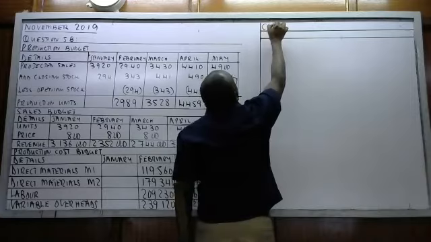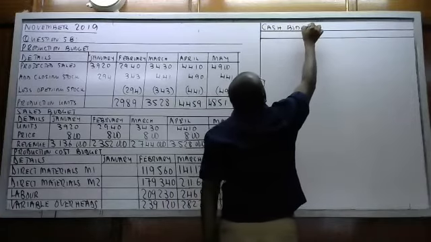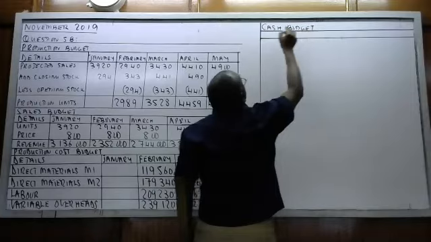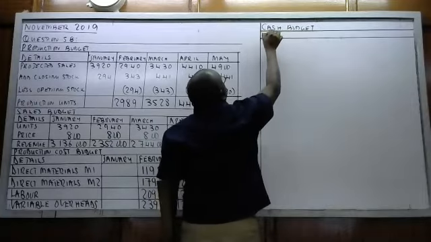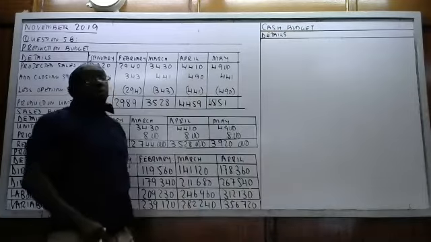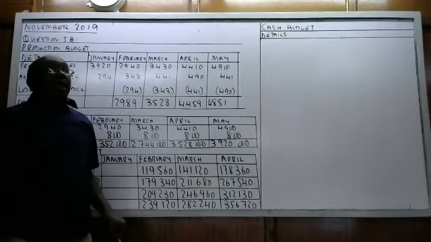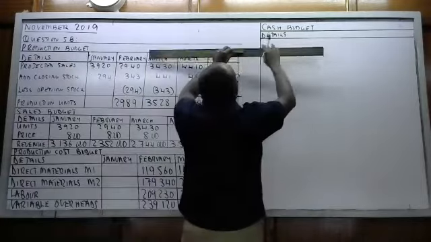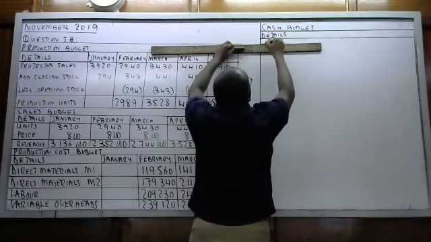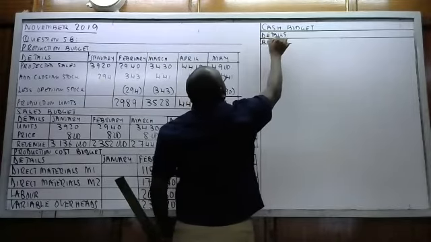So, cash budget. We normally begin with the details. There's a column called details, and immediately after that you bring receipts.